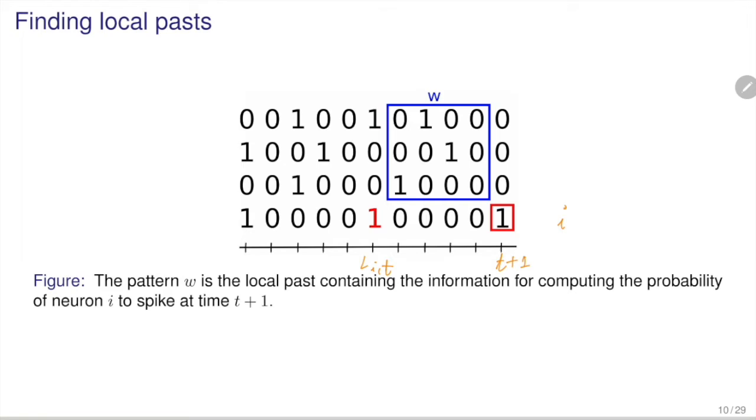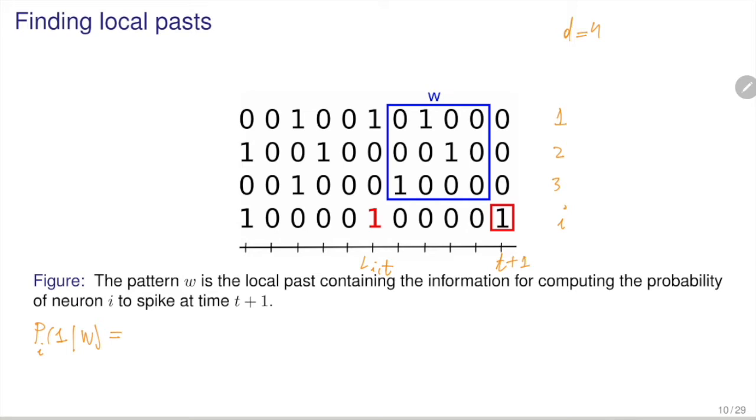So let us denote this probability pi of 1 given W, because W is the corresponding local past. In this example, d is equal to 4, and let us assume that here we have neuron 1, here neuron 2, here neuron 3, and in this case neuron i corresponds to neuron 4.